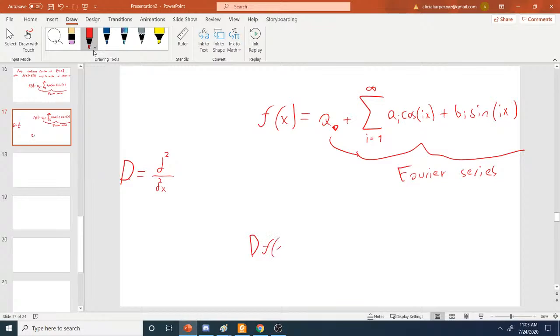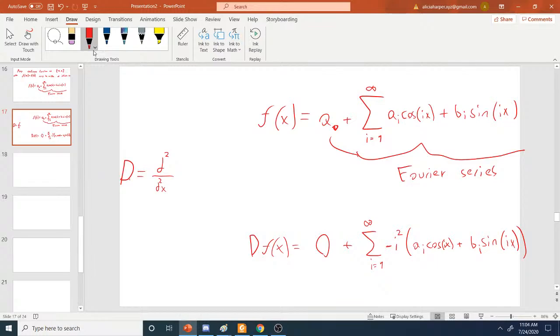Then big D of f of x. Well, first off, if I differentiate a constant term twice, if you differentiate it once, it already goes to 0, so it's going to be 0 plus the sum from i equals 1 to infinity. And now here I'm going to differentiate these term by term, so I'm going to have negative i squared times a_i cosine of ix plus b_i sine of ix.